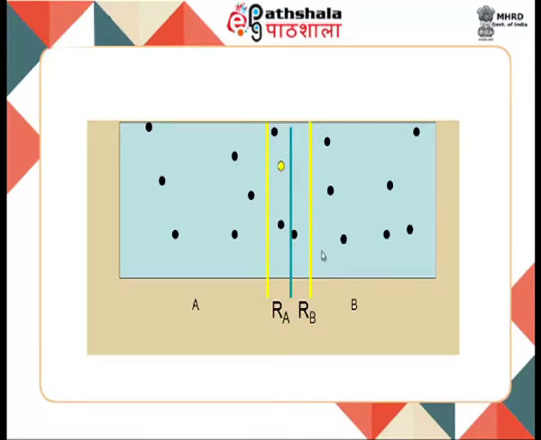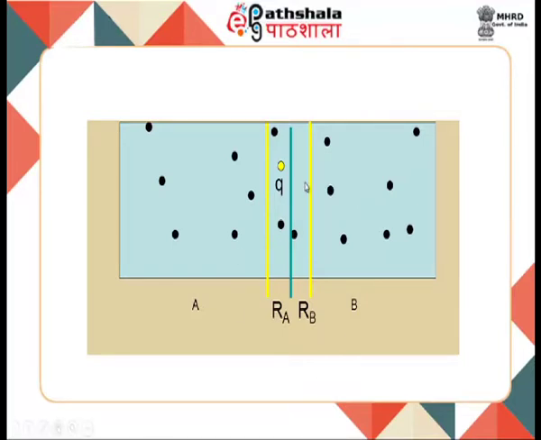So, let us take this particular point, and call it Q. As per our logic, this exists in region A. According to the third case, the corresponding closest point happens to be on this side, that is in region B.